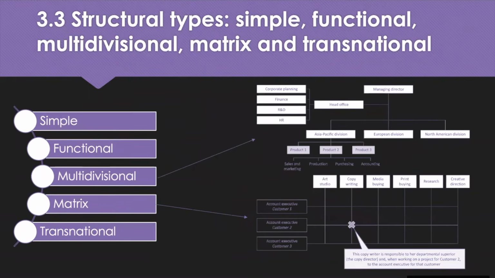Moving on to the multi-divisional one, which is the top one. Multi-divisional is a structure that's based on geographical locations or products needed to arrive at specialist divisional activities. So they're created and supplied with the organisation's support functions. So essentially each part is able to operate independently from other parts of the organisation.